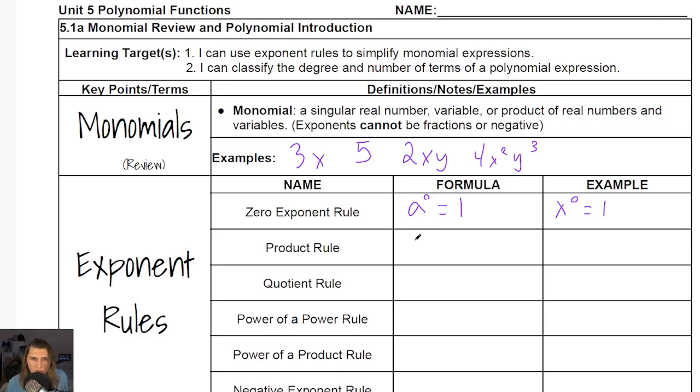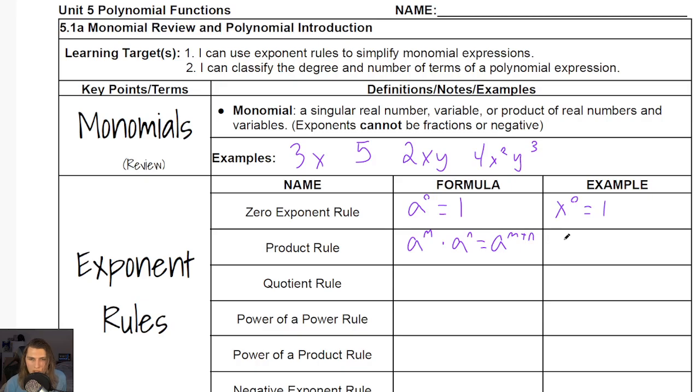Moving on, we have the product rule. If we have a to the m times a to the n, our product is going to be a to the m plus n.